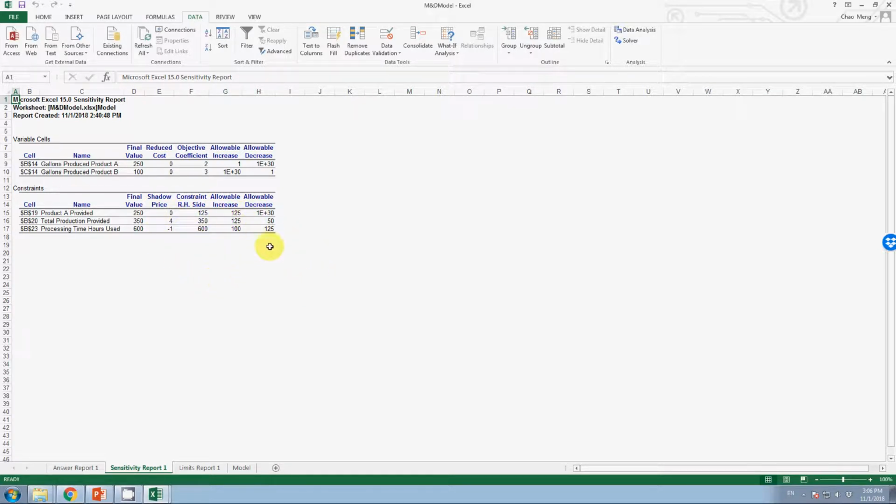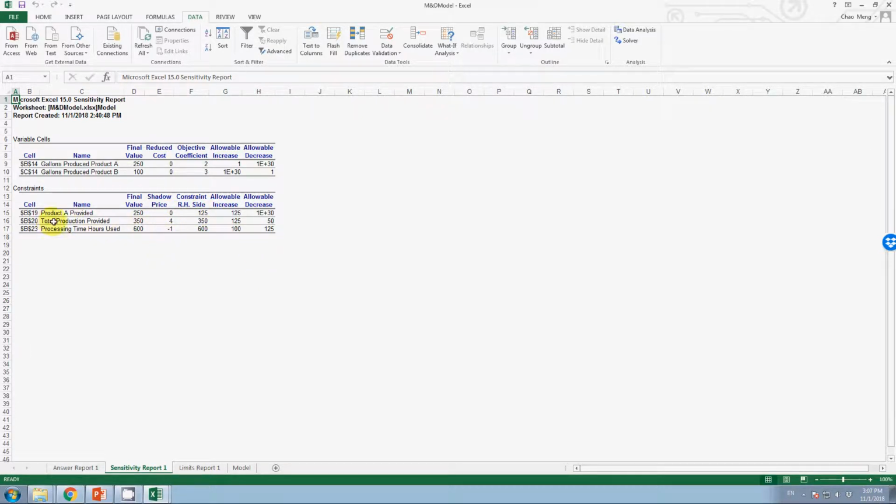That means even if I increase this 125 by 1, to 126, it doesn't change the objective function value because I already have 250 gallons produced. Increasing the minimum requirement does not affect my decisions because I already produce way more gallons than the minimum requirement. So that's why the shadow price is 0.